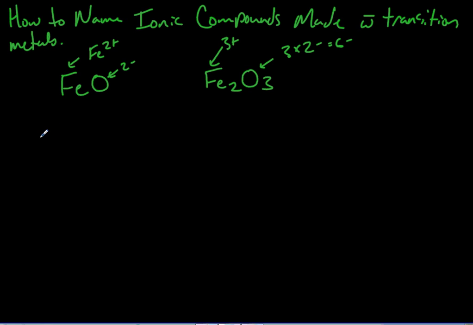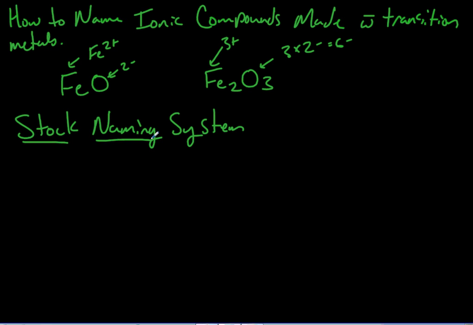So there's a naming system. There's actually 2 naming systems, but the first naming system we'll talk about is the modern naming system, and it is called the Stock naming system, and it only applies when you're dealing with ionic compounds that have transition metals in them. Okay?